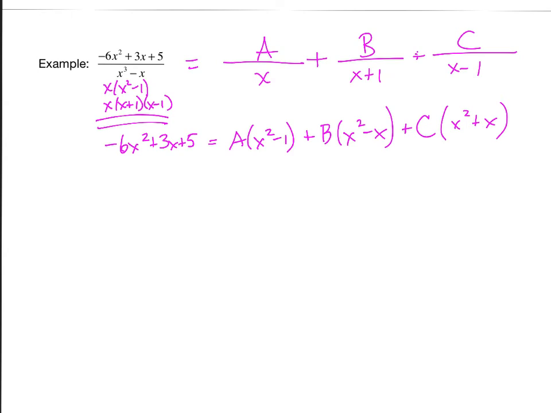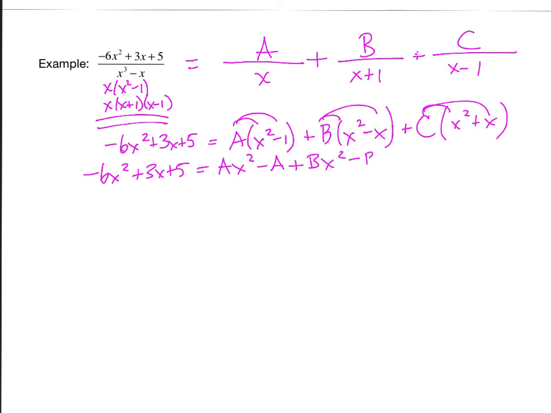Okay, so now I'm going to, again, I have some cleaning up to do. I'm going to distribute the a, distribute the b, distribute the c. So let's see, ax squared minus a plus bx squared minus bx plus cx squared plus cx.